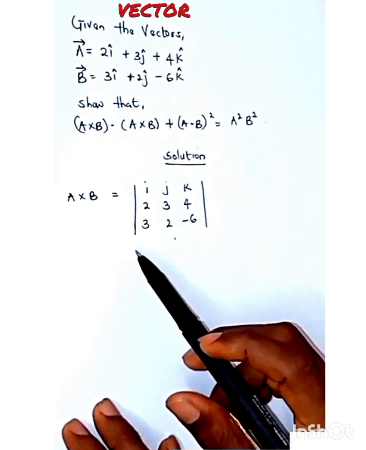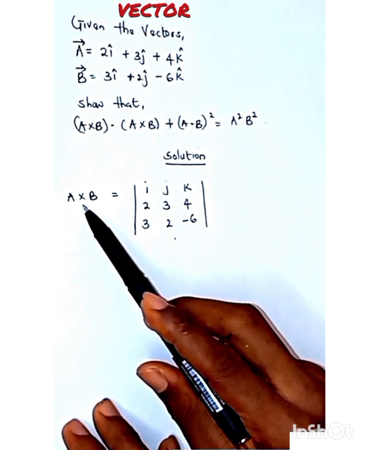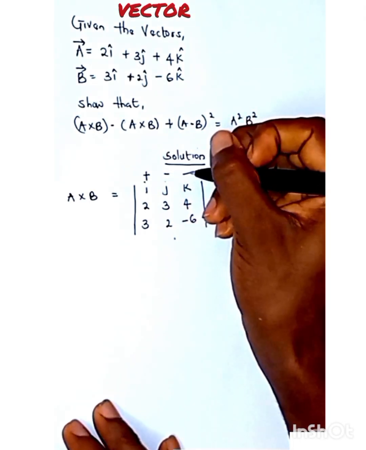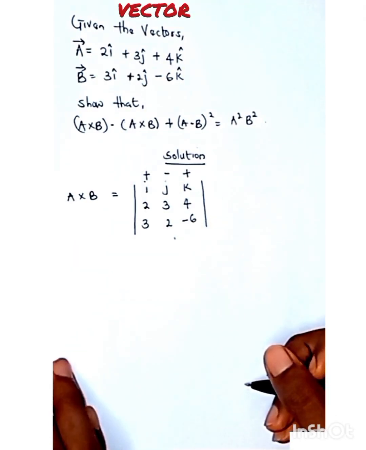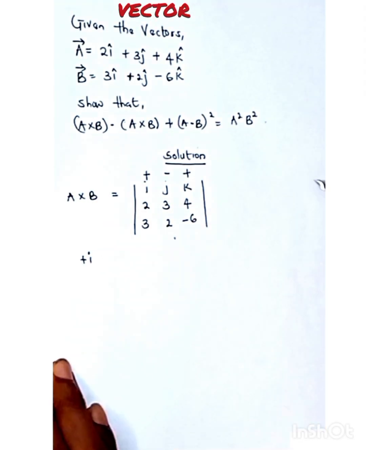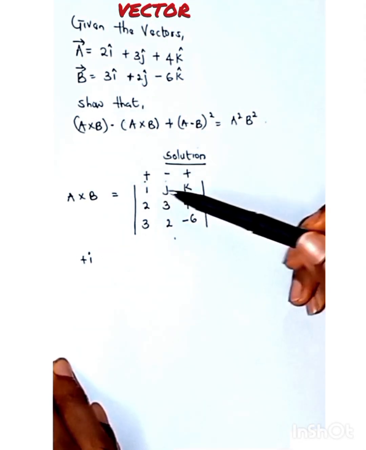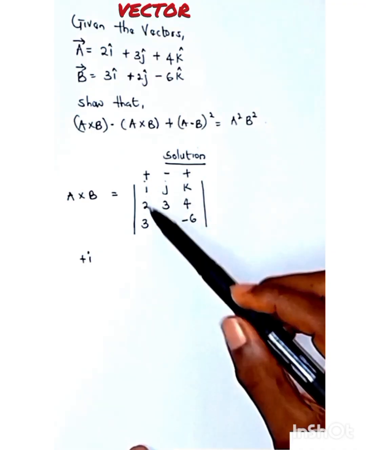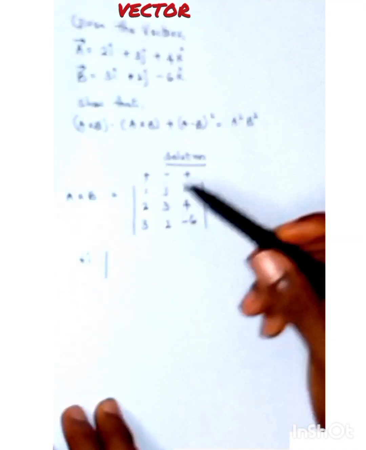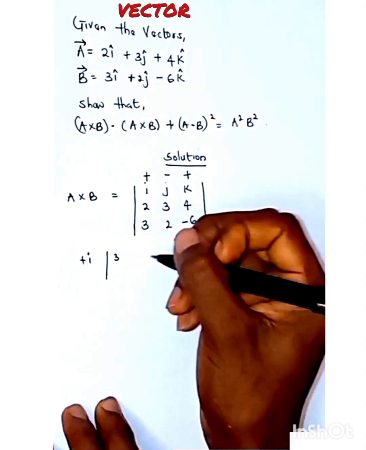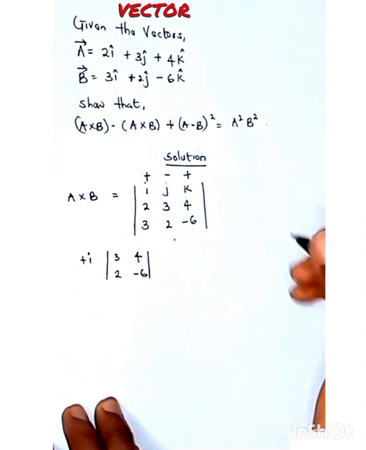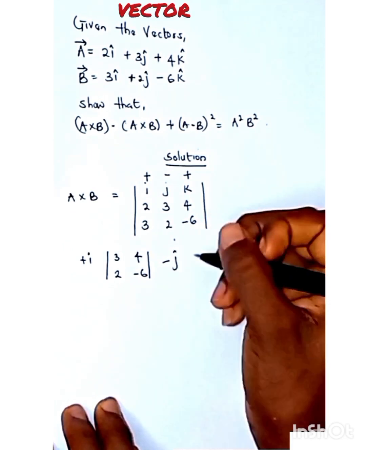And don't forget that the cross product of two vectors is also a vector. Now this is plus, minus, plus, the conventional signs, then we have plus i. Now getting that determinant, the i lies on the first row and the first column. We eliminate them, and we have 3, 4 left, 2, minus 6, then followed by minus j.